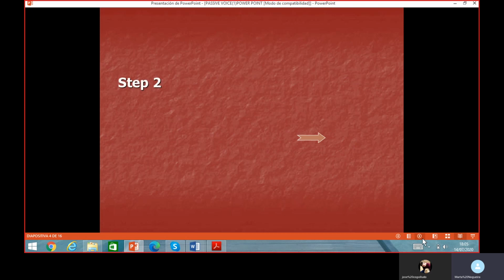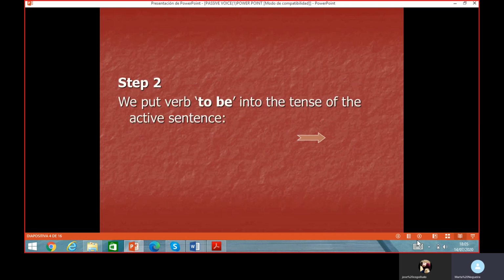Okay, step 2. Step 2 is to put the verb to be. We always have a verb to be conjugated in any tense and then the participle. So the verb to be in the tense of the active, or in the tense that you want to say the sentence. He paints the picture. So this is present simple.